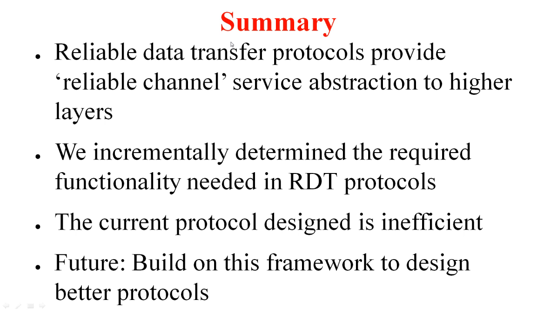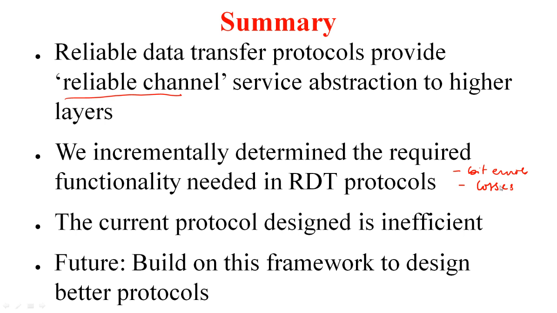So here is a summary of what we have learned in this video. So reliable data transfer protocols provide an abstraction of a reliable channel to the higher layers. So they in turn tackle unreliability. Now we have incrementally determined the required functionalities needed as part of this protocol. So we first considered only bit errors and then we added losses on top of it.